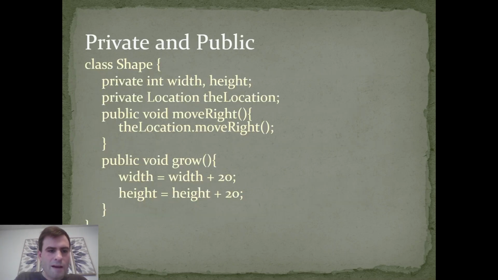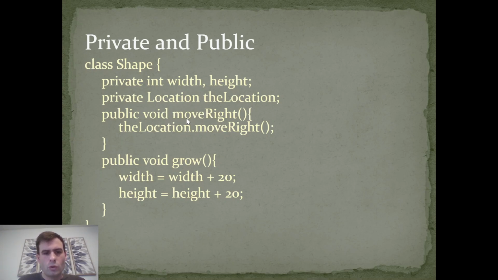So we can see some private versus public stuff right here. We see that we have a private declaration here and here. We have a public here. Can you see the difference between here's private, here's public? We can see this is declaring some sort of variable with width and height or location, but this is a method, so you can keep the methods public, so you can use them without having to redeclare them.